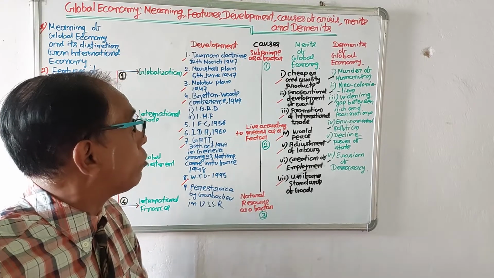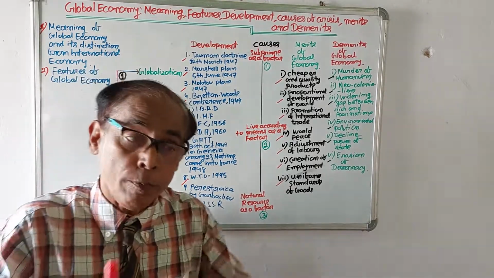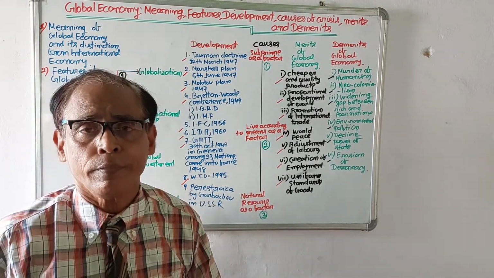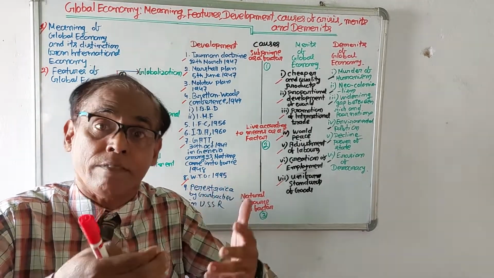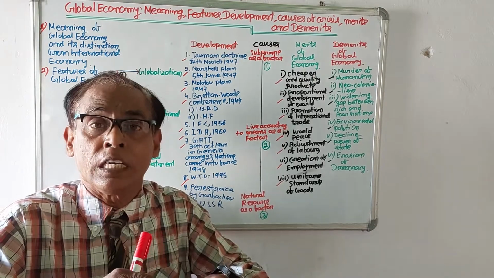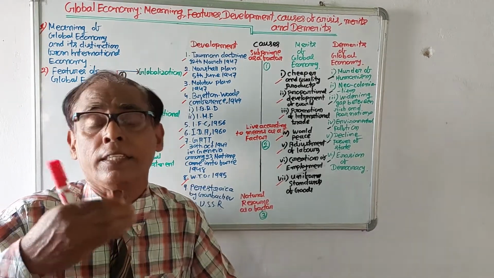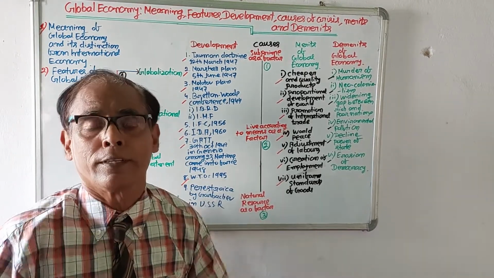Number two, living according to means as a factor. It means just as every person will have to live on the basis of his means. If he spends more than his earning, he will become bankrupt.